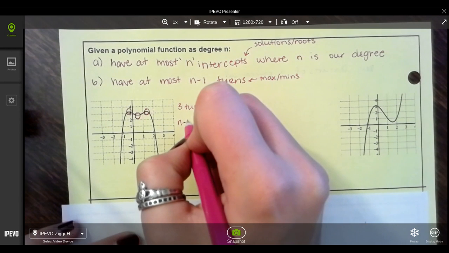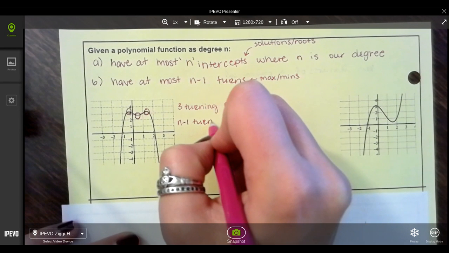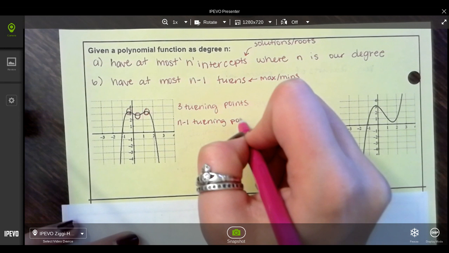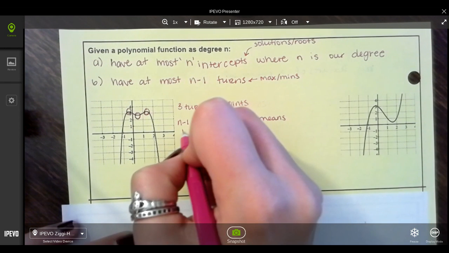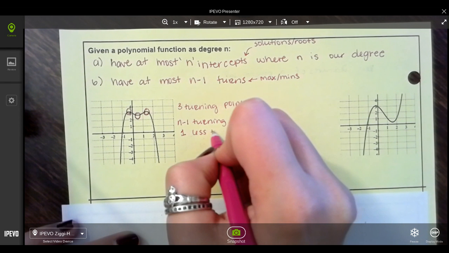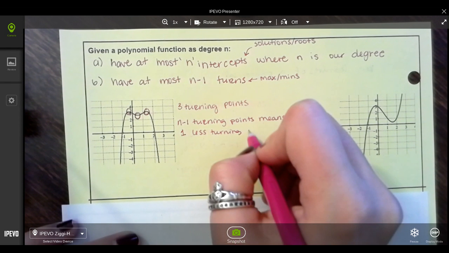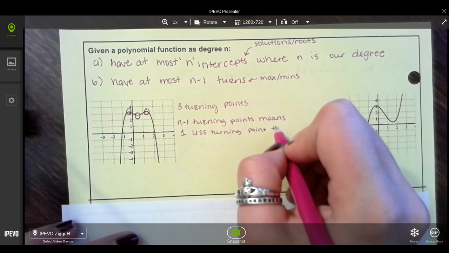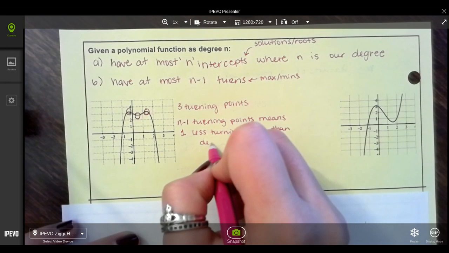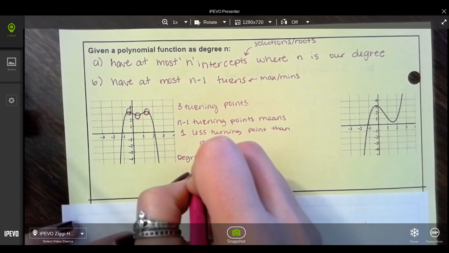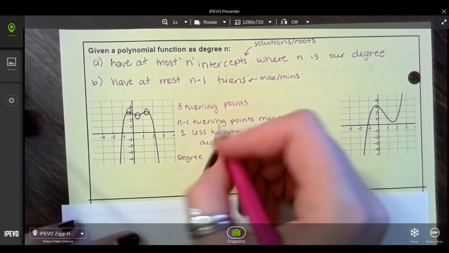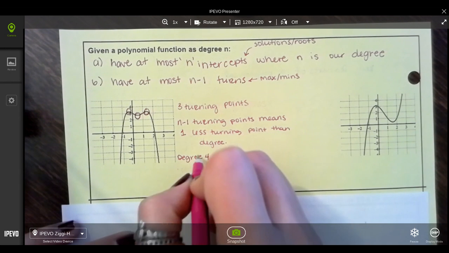So what is my degree? If my turning points are 1 less than my degree, I have a degree 4.